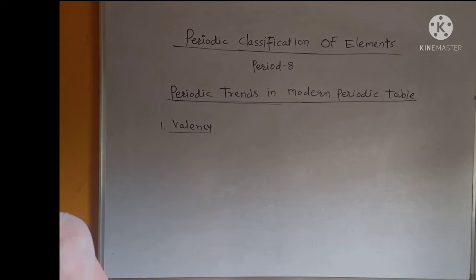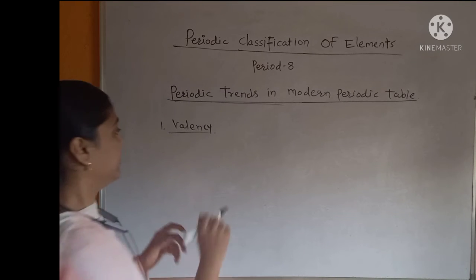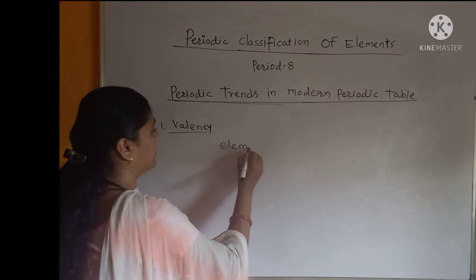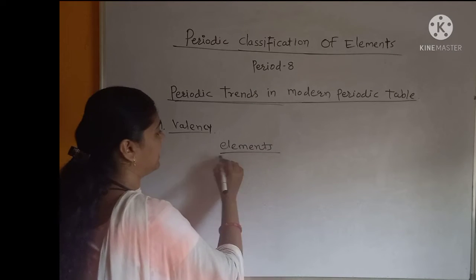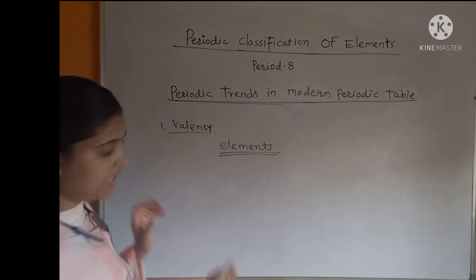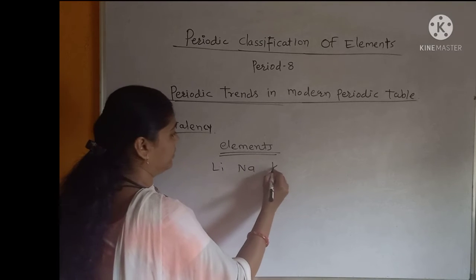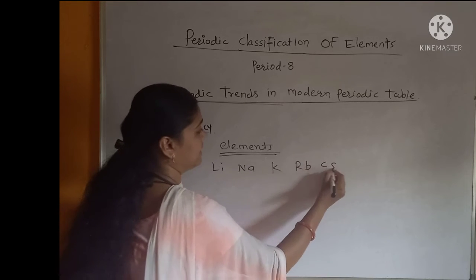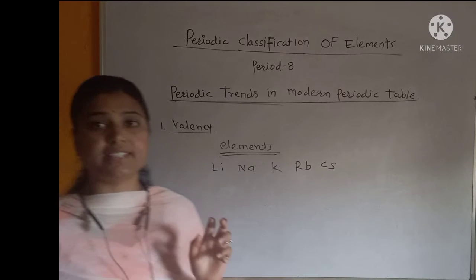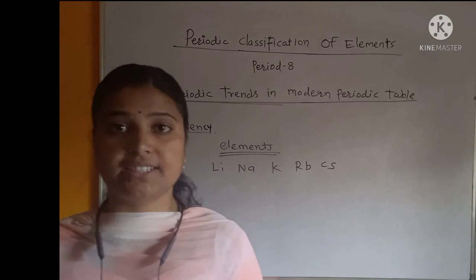When we see the elements along groups, their atomic size is like this. The first group elements are lithium, sodium, potassium, rubidium and cesium. Their atomic size increases.